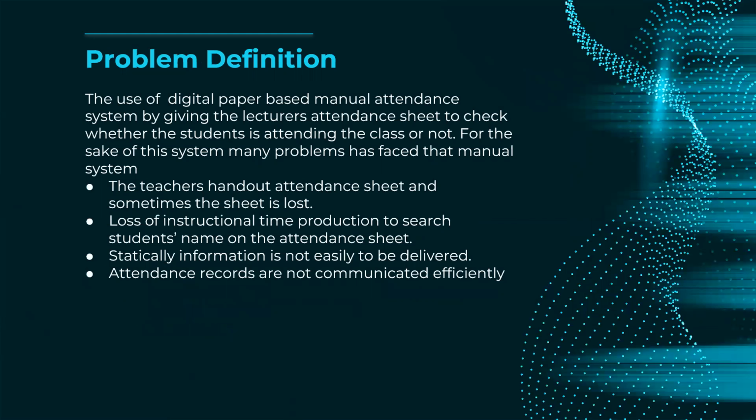Next we have the problem definition. As you know, there is the use of a paper-based manual attendance system, giving the lecturers an attendance sheet to check whether the students are attending the class or not. Many problems have been faced with that manual system.